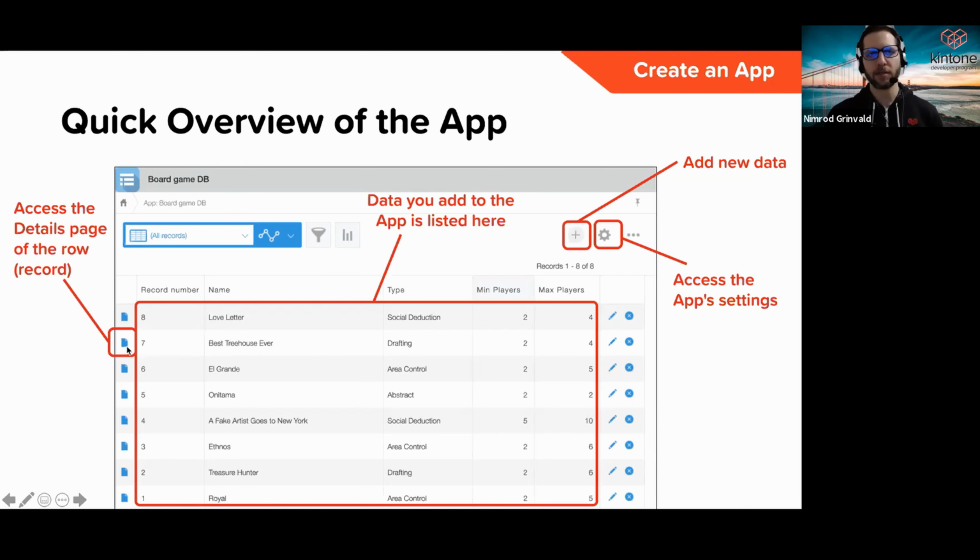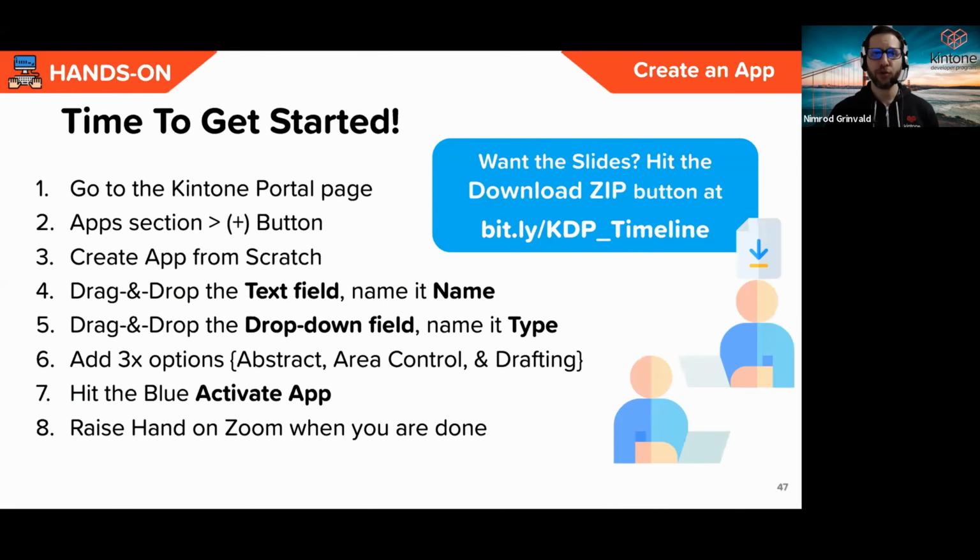If we wanted to drill down into a specific record to look at more of the fields and the conversations pertaining to that particular record, we could do so by clicking on this little blue thumbnail. And if we wanted to go into more settings, we could click on that gear wheel with the white background over here. Okay. So I'm going to turn it over to you at this point, and go ahead, follow these instructions.